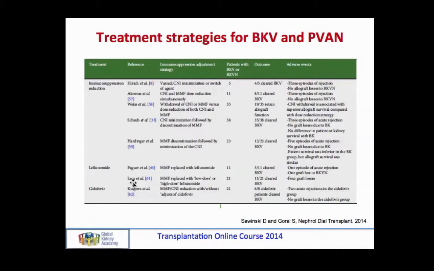And this slide again just summarises all the studies looking at different treatment strategies, and you can see in terms of immunosuppression reduction, there's pretty good evidence. Again, predominantly observational evidence, but reasonable observational evidence. Numbers are all small.